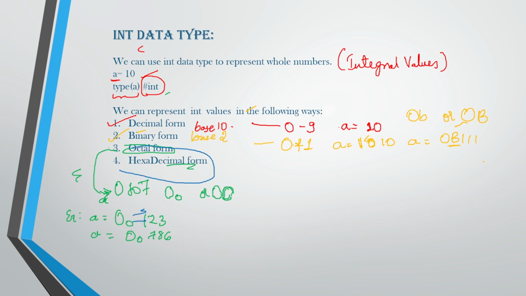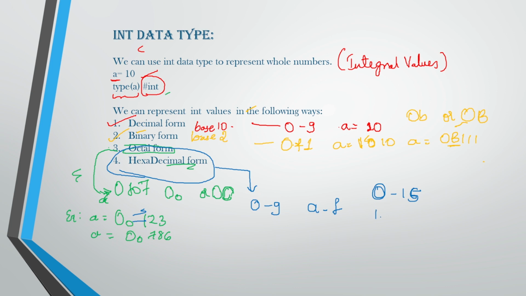The next one we have is the hexadecimal form. How is this hexadecimal form done? Hexadecimal allows the digits from 0 to 9 and the alphabets from A to F. So here in hexadecimal you have the values from 0 to 15. 0 to 9 as usual.